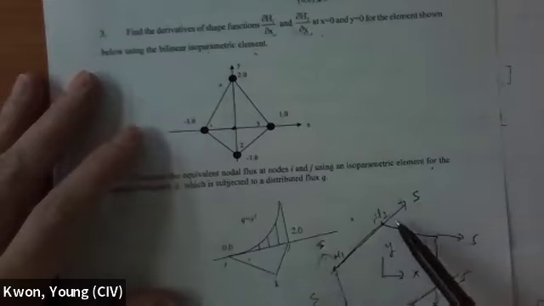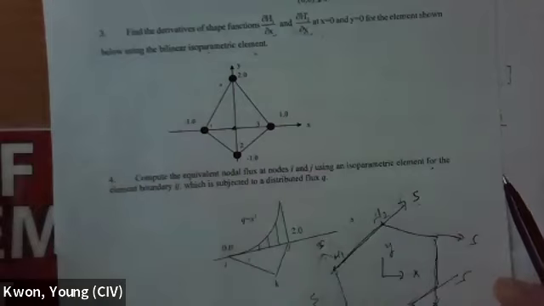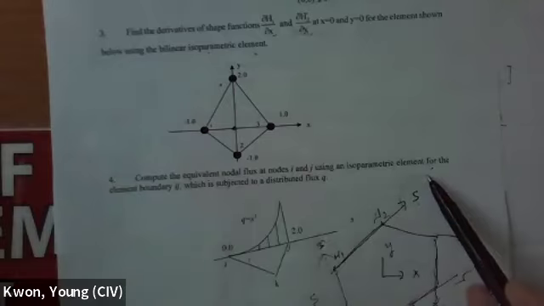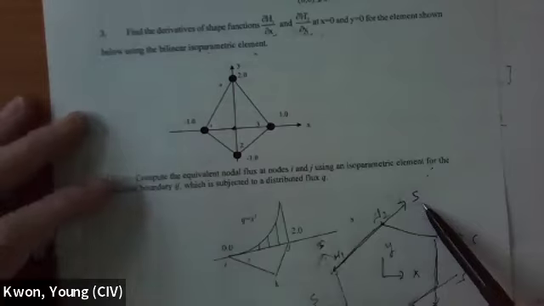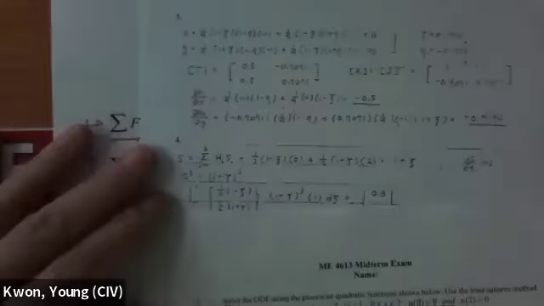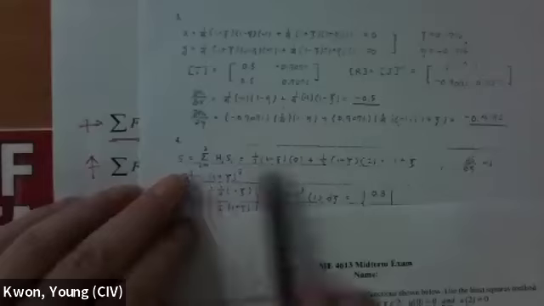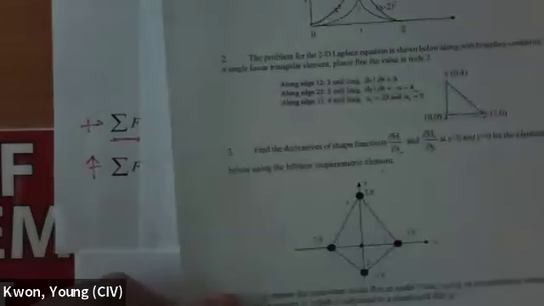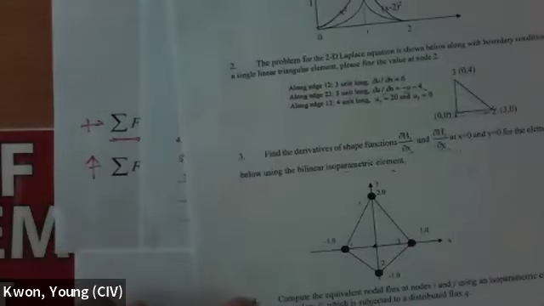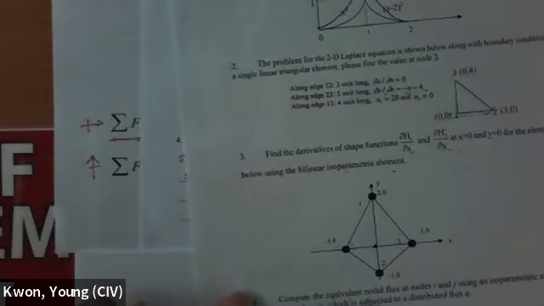And then using the isoparametric element, you are going to have a mapping between the natural coordinate system and the physical coordinate system s. So once you do that, then the integral is going to be the integral of W du dn d gamma, right?